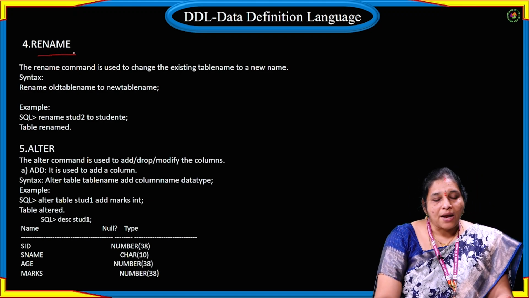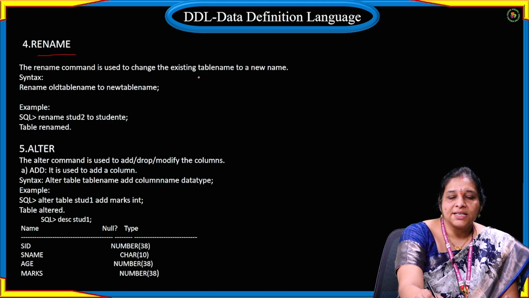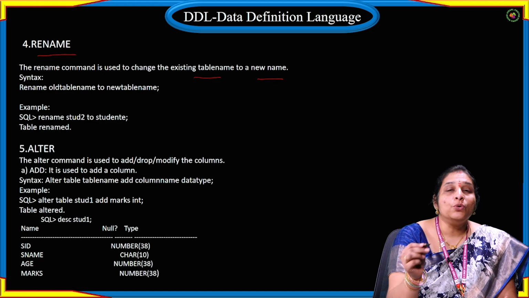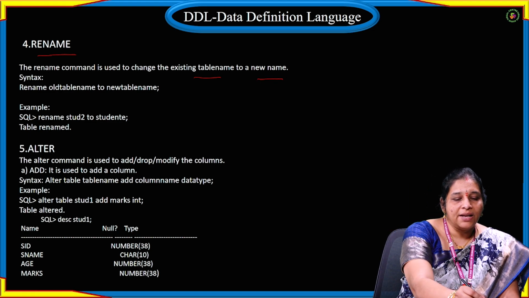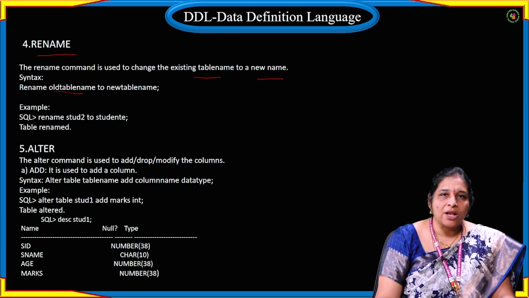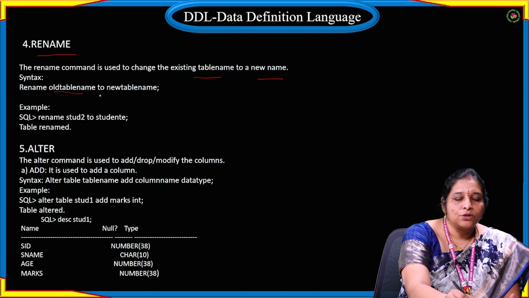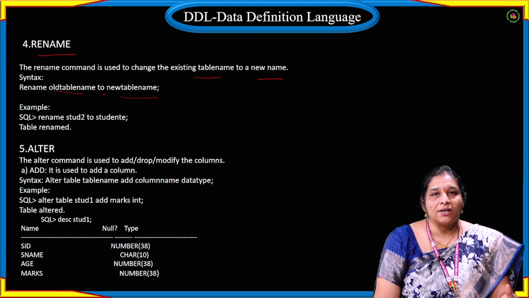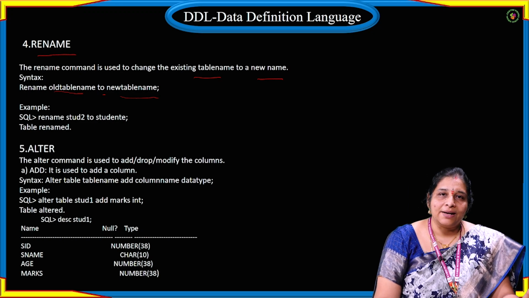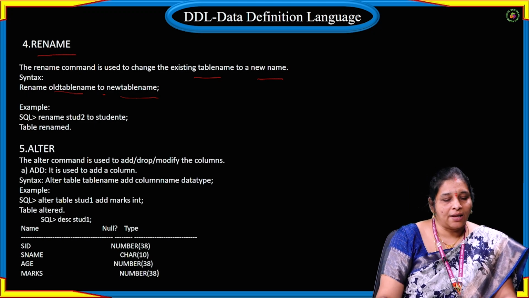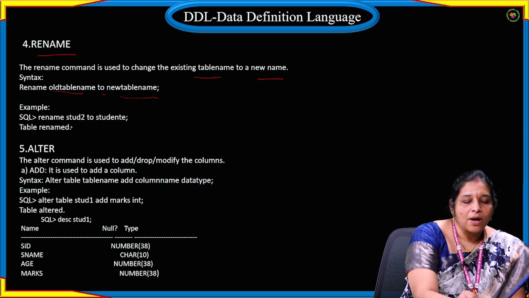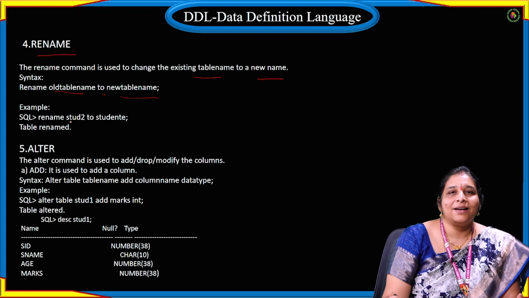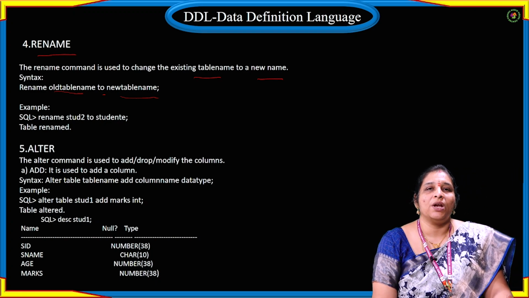The rename command is used to change the existing table name to a new name. So: rename old table name, whatever table name you initially gave, to new table name, the appropriate name that refers to the actual content you are describing in that table. Let's say I am dealing with student E data.